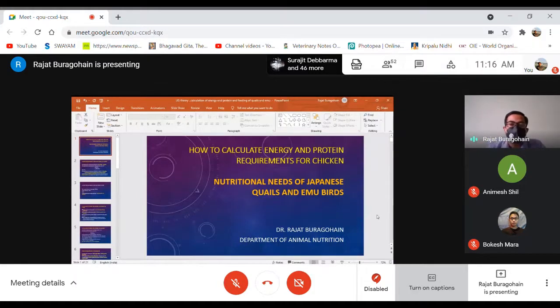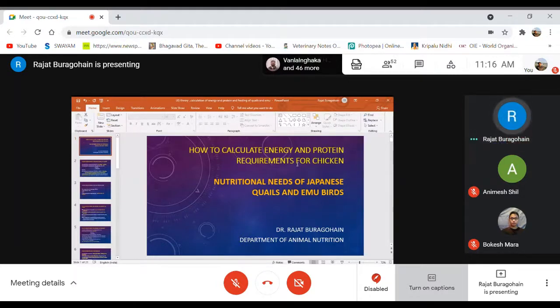Although the calculation of energy and protein requirement may be discussed by Samudra sir, I do not know, this particular subtopic will also come under protein nutrition. So today, first of all, I will discuss how we can calculate energy and protein requirements for broilers, that means for growing birds, and for layers.